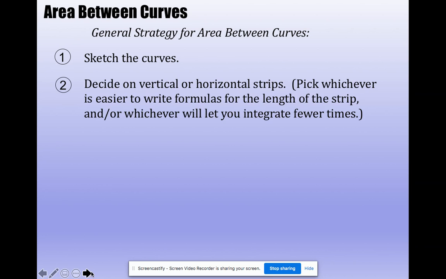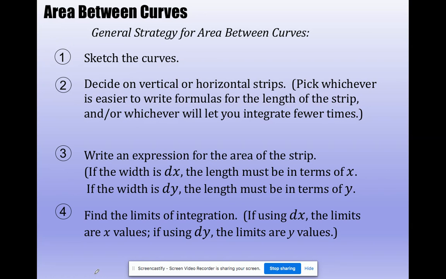So my general strategy, sketch, right? If you don't have a calculator, sketch, and it's going to be one of your functions that you learned in Algebra 2, right? A general exponential, general trig, general log, general, right? If you don't have your calculator, you are expected to be able to graph those curves and find any points of intersection. But it will be simpler, Algebra 1, Algebra 2 type ones.